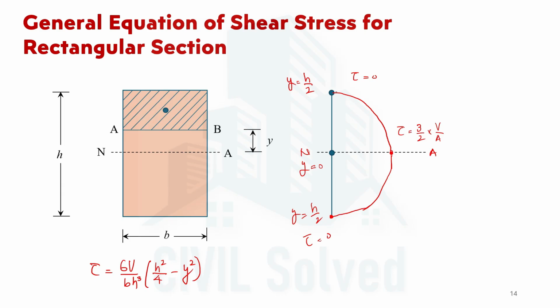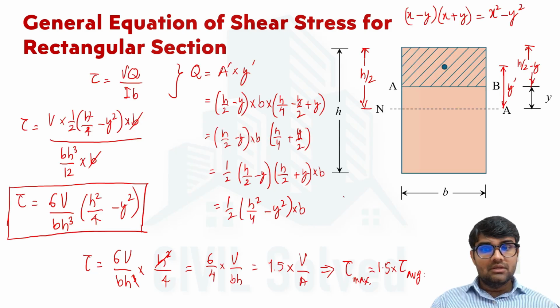So you can see this is how the shear stress is going to vary in a rectangular section. So y can be upward, y can be downward. Even if you take negative in the downward, since it is squared, it doesn't matter. So this is the graphical way of representing shear stress in a rectangular section.